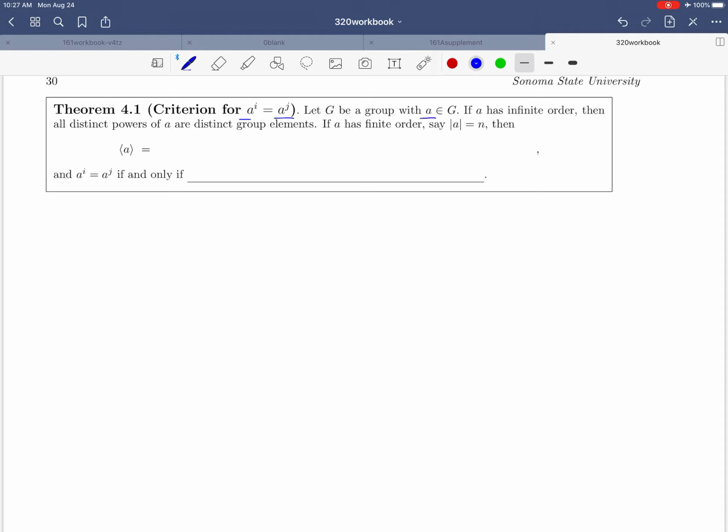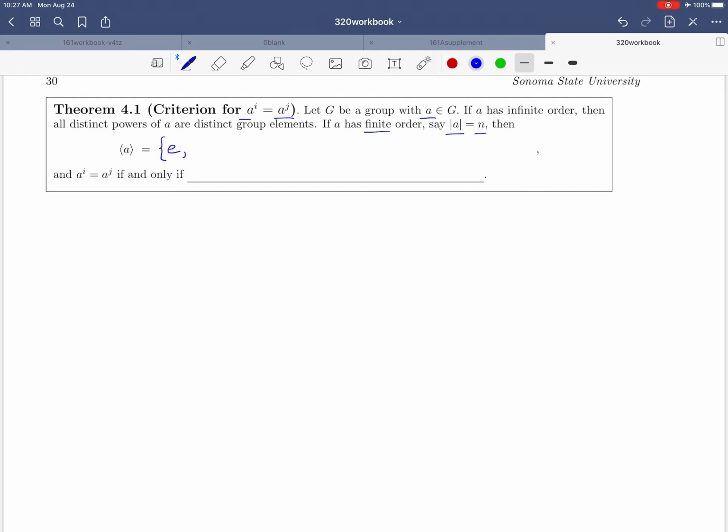If A has infinite order, then all distinct powers of A are distinct group elements. If A has finite order, let's say the order of A is n, then what is in the cyclic group generated by A? What do we actually have to write down?